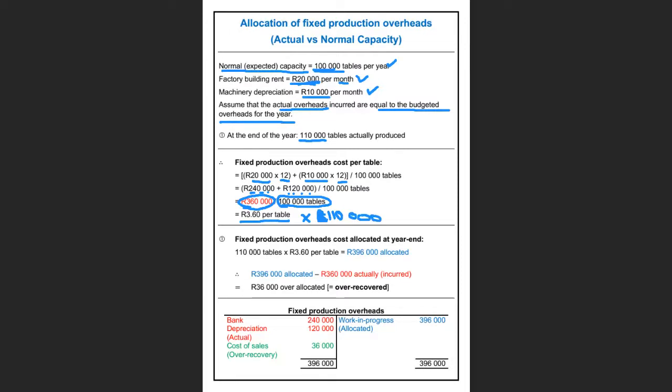That is going to give us the answer of 396,000. So that's what someone has said in the chat. That's what we've got here. We've allocated 396,000. What have we done? We've taken the actual production multiplied by the absorption rate.